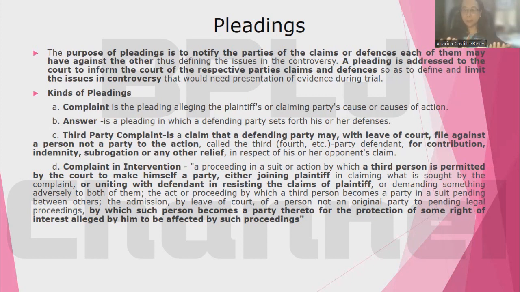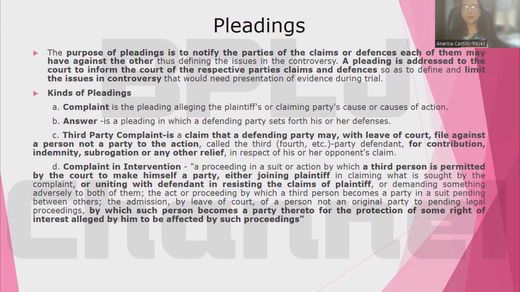What is the purpose? Why would you bring in a person who is not an original party to the action? Because the original defendant wants to claim contribution, indemnity, or subrogation from the third-party defendant.